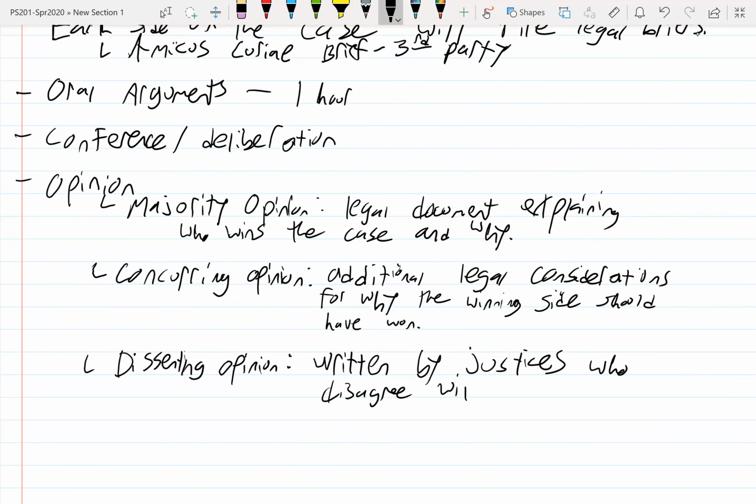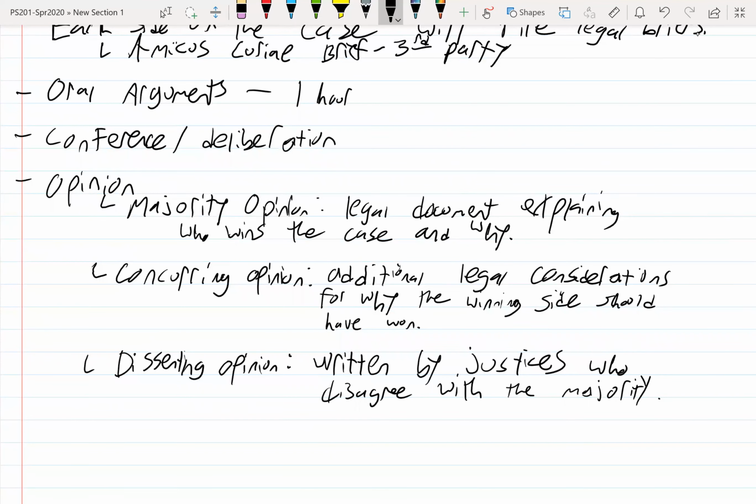So this would be, in other words, the set of justices, sometimes you'll have a unanimous decision, but if there's a set of justices who think that the majority got it wrong, that they think the other side should have actually won the case, they can issue this dissenting opinion, which will outline, again, the legal or constitutional arguments for why the other side should have won. Again, though, this is largely an academic exercise.